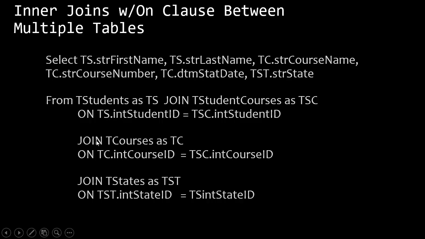Immediately, it's going to then join the next table called T courses. So this is going to join to this based upon the primary key and foreign key. That will recreate a result set and thus then join the states together. Does that make sense? So these 2 first, then the results of this is joined to this. The results of this is joined to this.